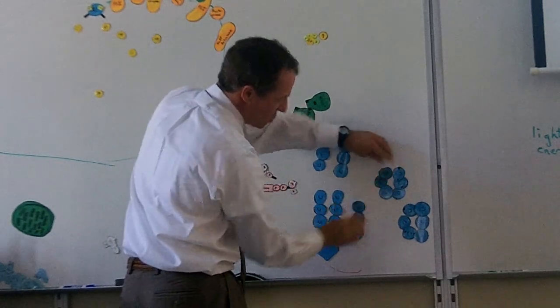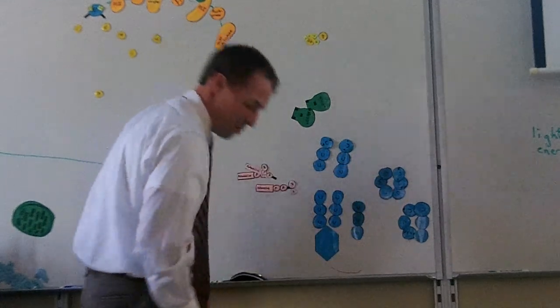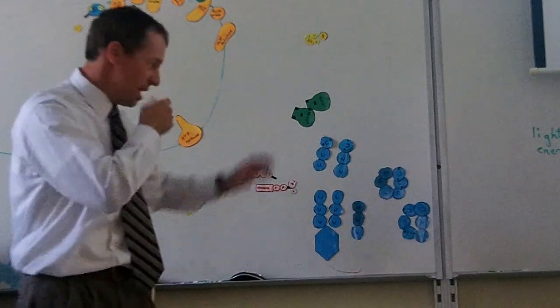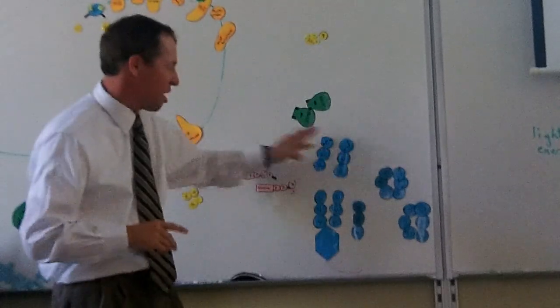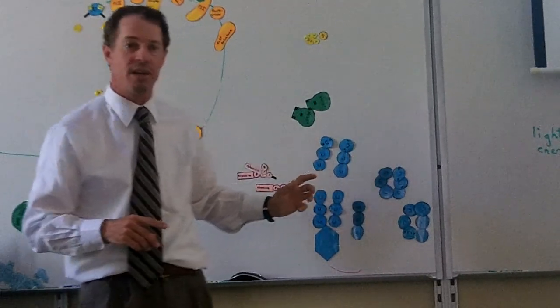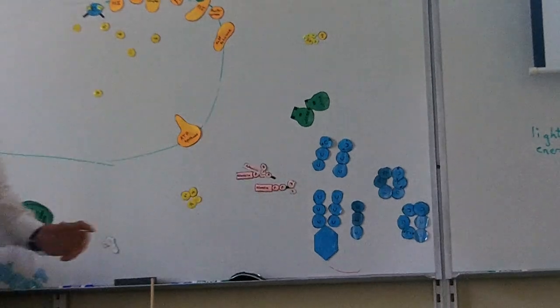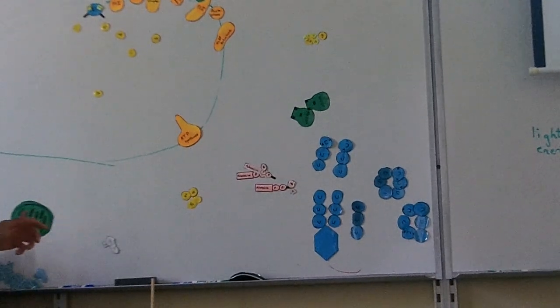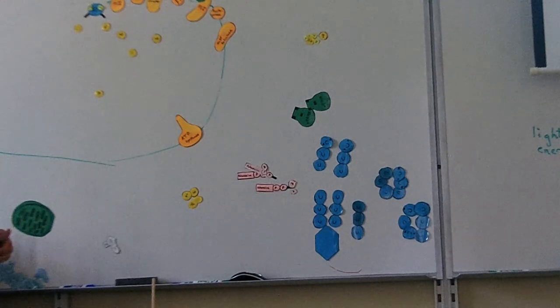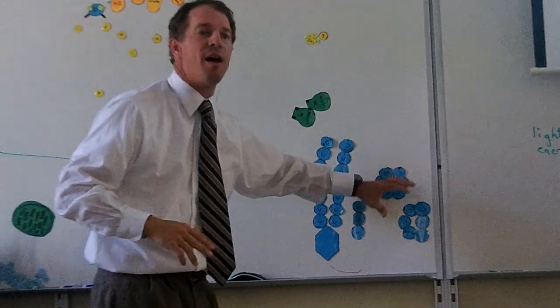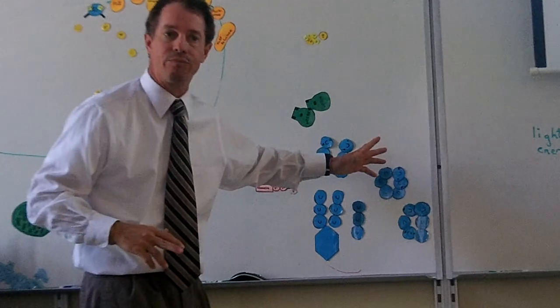There, I've got glucose now. So that's C6H12. This molecule is C6H12O6 because it's not just carbons here. There's other stuff attached to them that you have to imagine. Is it a different type of glucose, or is it just glucose? Just glucose. Now this glucose can be changed to almost any organic molecule.